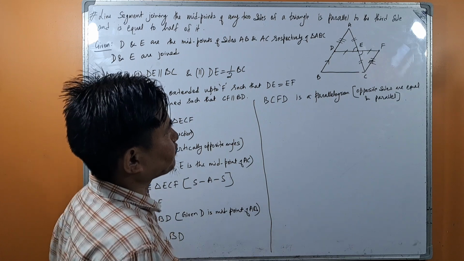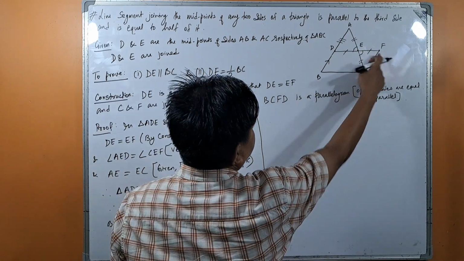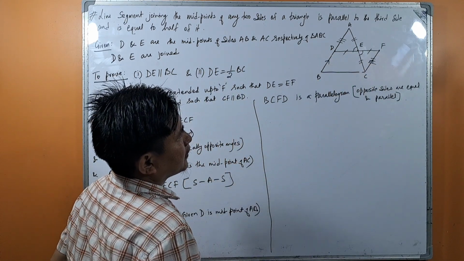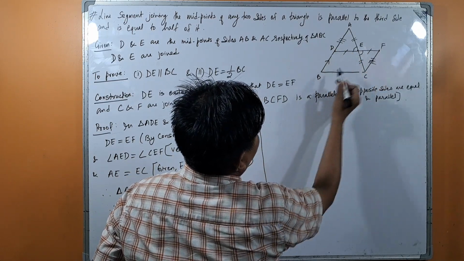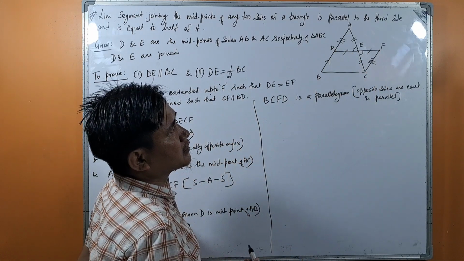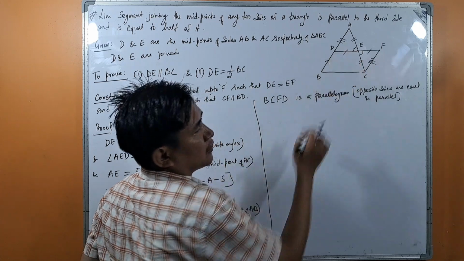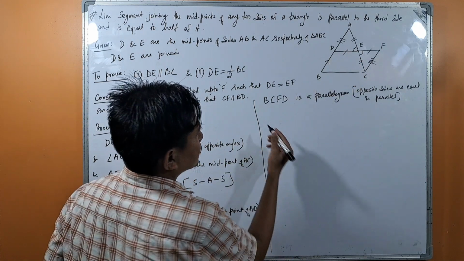So we can say BCFD is a parallelogram. That means DF and BC must be parallel to each other because these two sides are opposite sides of the parallelogram, isn't it?